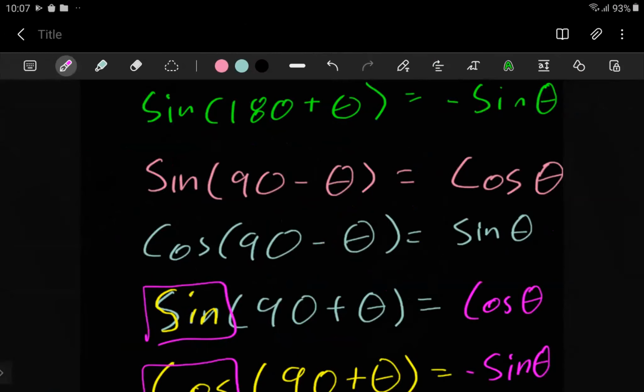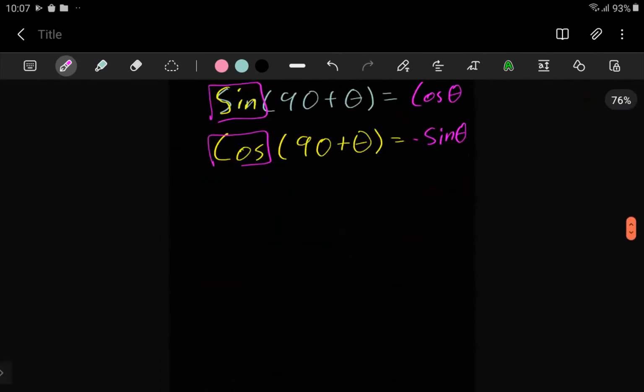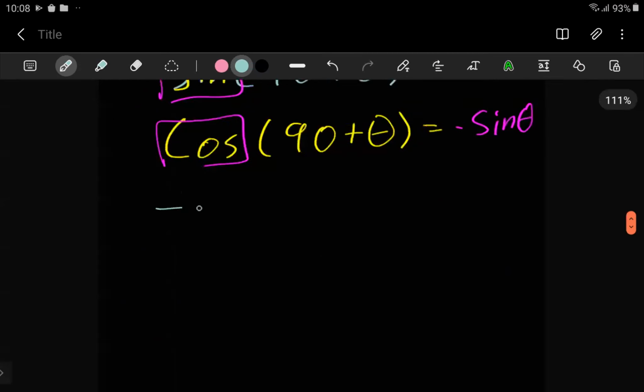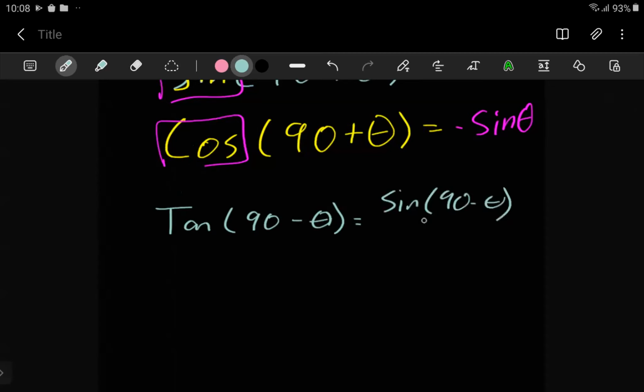With what we have just done now, if we were to look at 360, let's say here, cos. So you see with 90, we're only using sine and cos, because with 90 and then tan, you don't necessarily have to worry about that. But if you do want to know, if you think of it right, tan, let's say 90 minus theta, logically speaking, this is equal to sine of 90 minus theta over cos of 90 minus theta.